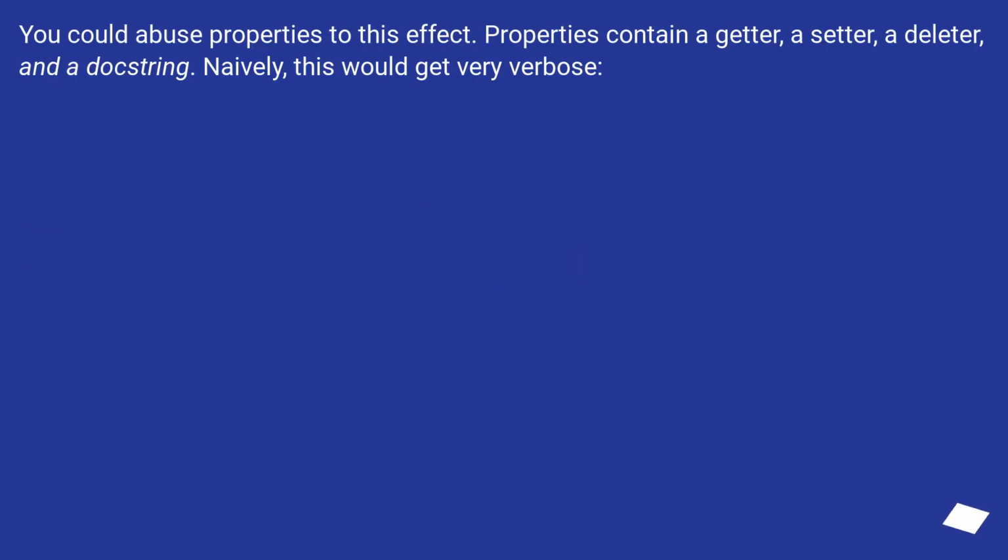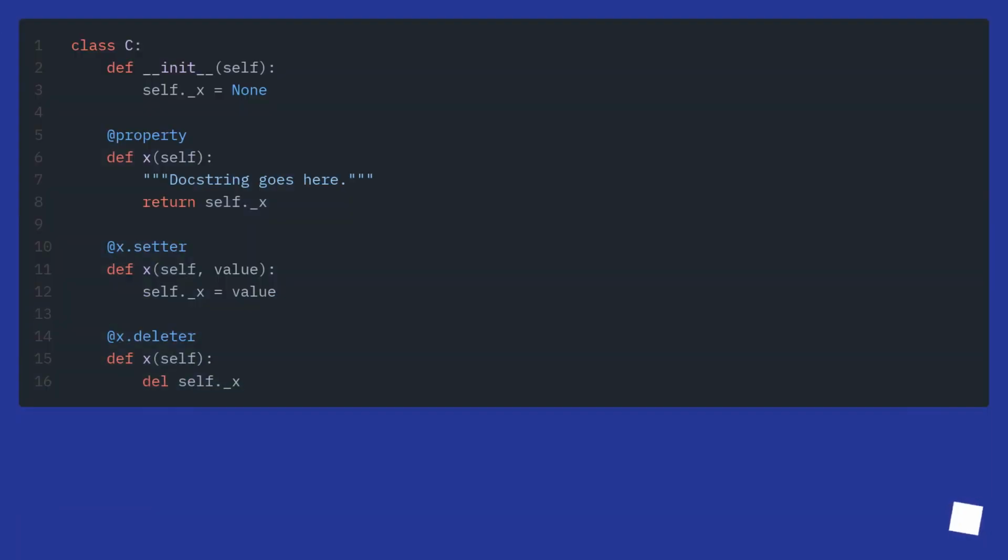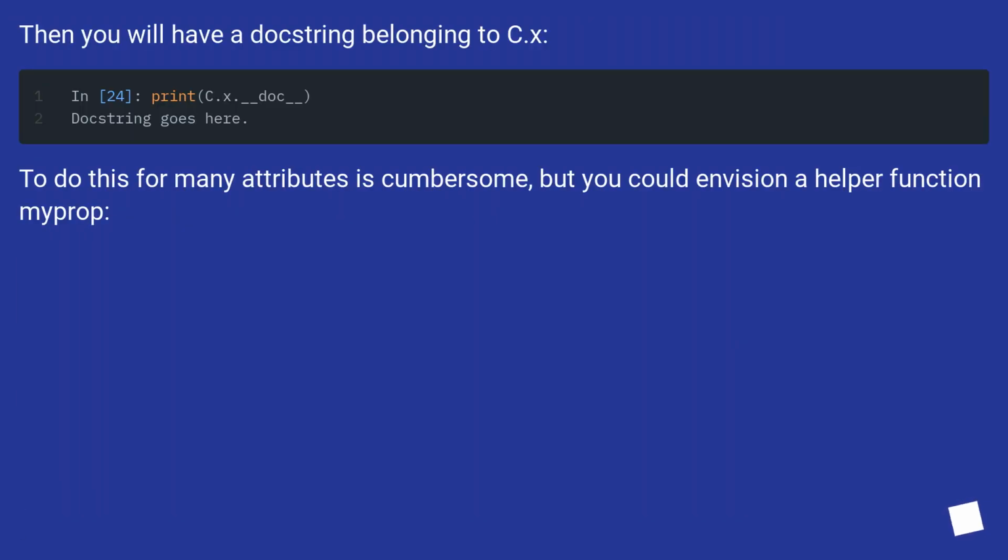You could abuse properties to this effect. Properties contain a getter, a setter, a deleter, and a docstring. Naively, this would get very verbose. Then you will have a docstring belonging to CX.